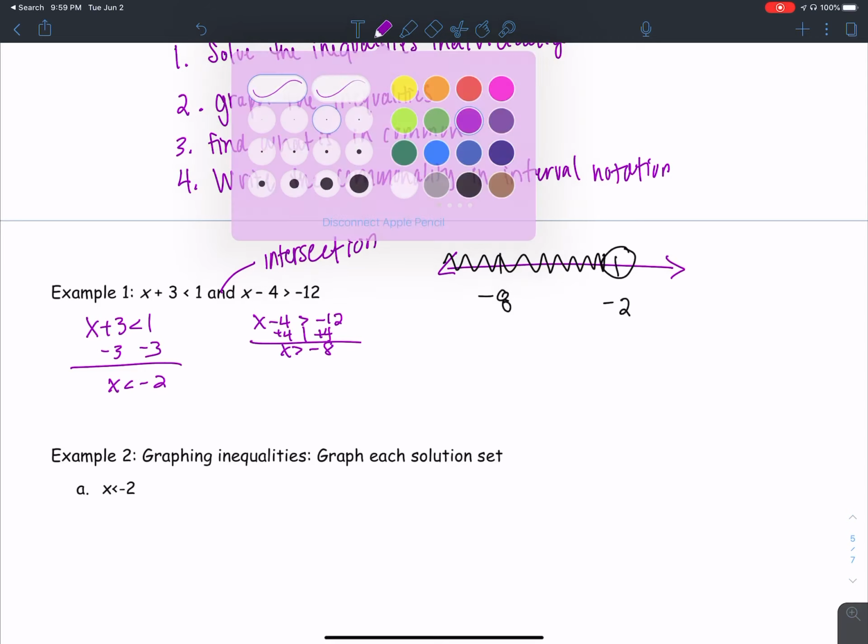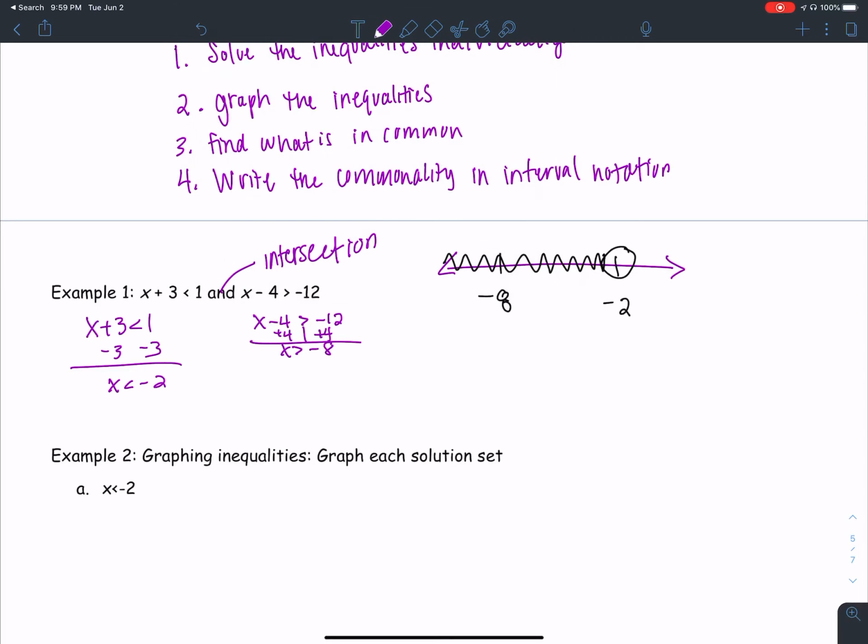But then our other inequality says x is greater than negative 8. Maybe I should use a different color since the line's purple. Let's use yellow. Still a horrible color, but we're going to go with it. I want to take where the black and the yellow intersect as my answer.